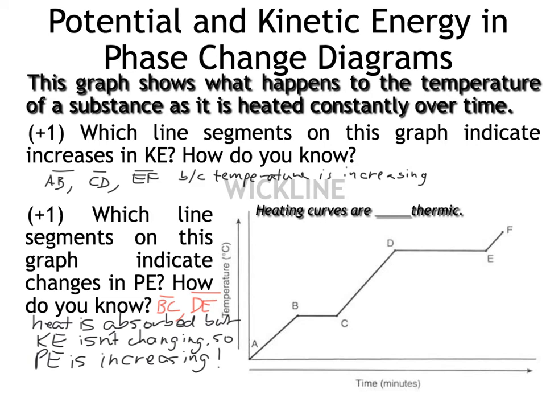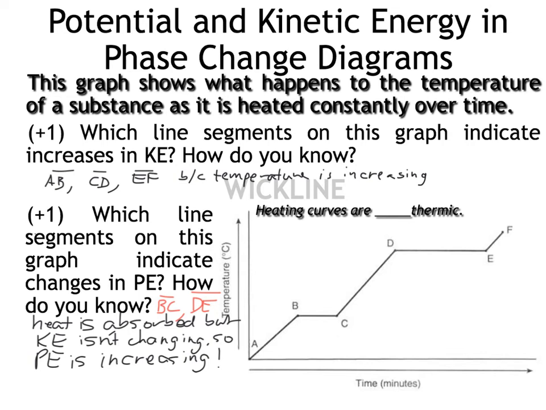One thing I like to think about when we talk about this is that if potential energy is increasing, that means that the particles are spreading out. And I am saying that because the potential energy is the energy of position. The more distance between two things, the more potential energy they have.